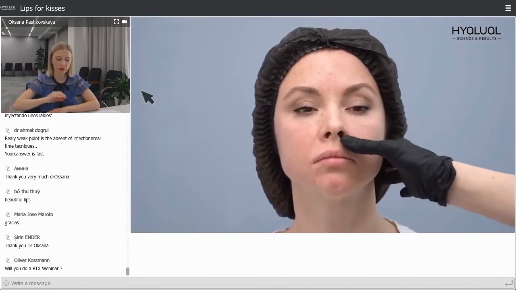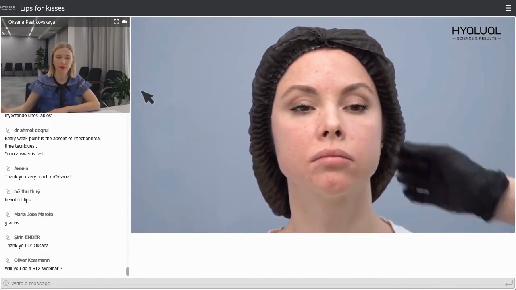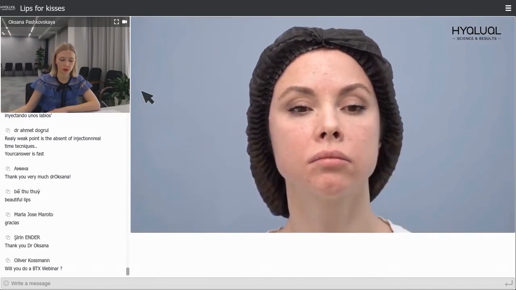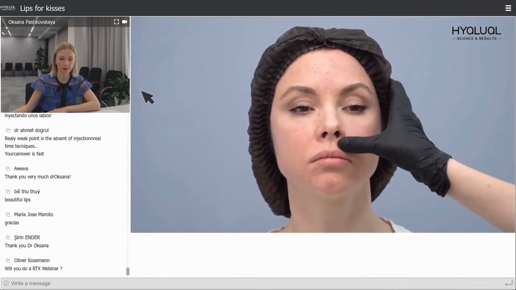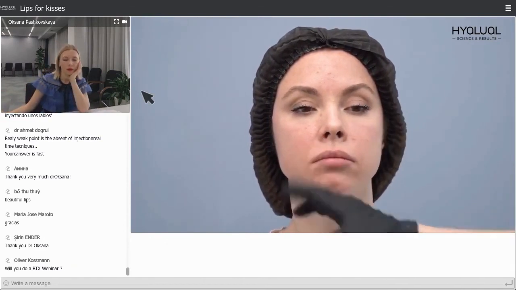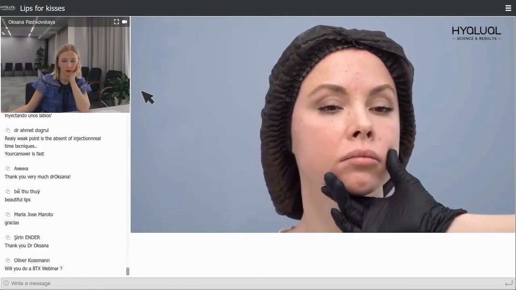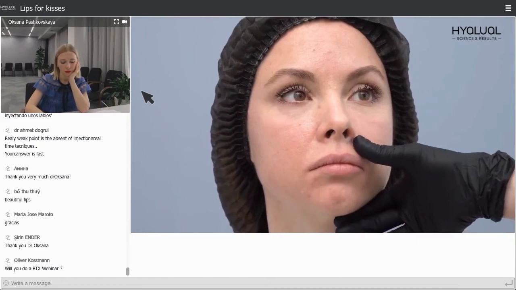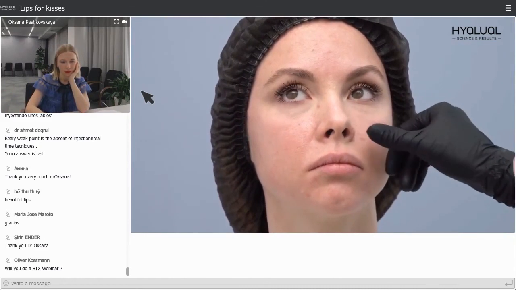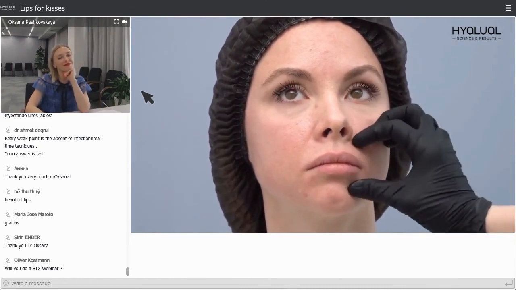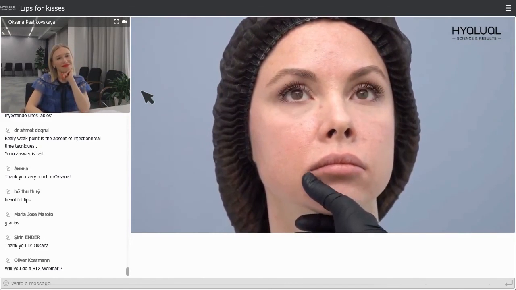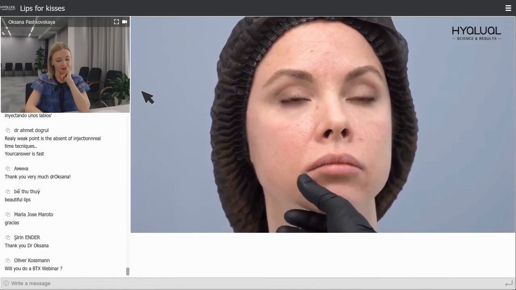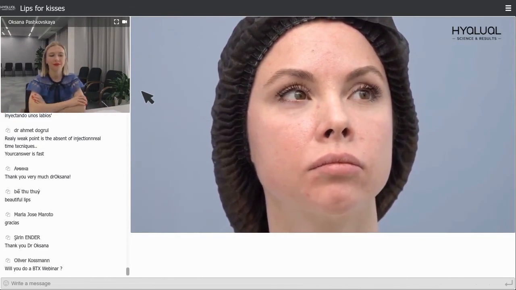And look, Cupid's arch and columns, they are saved. So I propose using a soft filler for giving the effect of kissable lips and to lift the corners of the mouth with the Mona Lisa technique. We also see slight asymmetry, and I propose you start injecting.